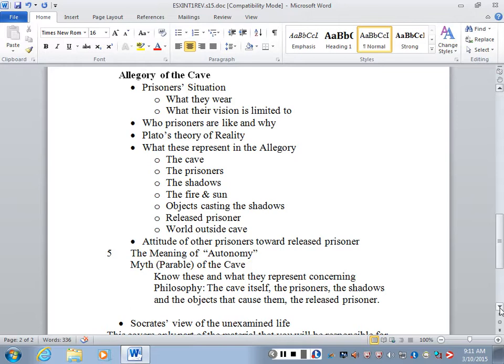When you examine your beliefs, obviously, the idea of turning around is turning around and looking at your worldview, your beliefs, and then critically examining it. And so that's what happened to the released prisoner. He's the philosophy student. Specifically, the person who leads him out, Plato means us to be Socrates.